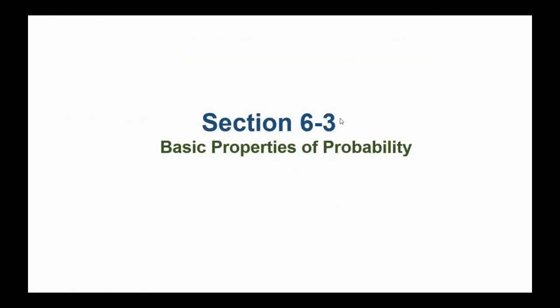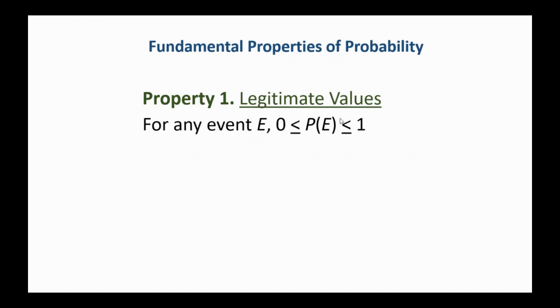Okay, 6.3, moving onwards. So we're going to look at basic properties of probability. There are 4 basic properties that we're going to talk about. The first one discusses what values we could have for probability.